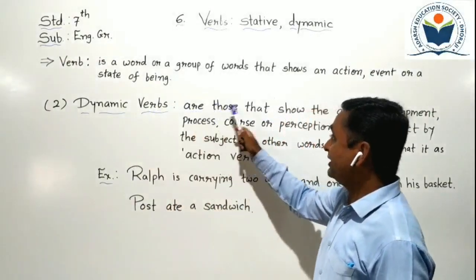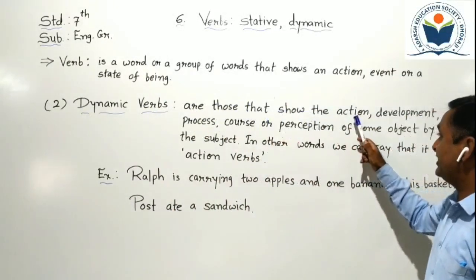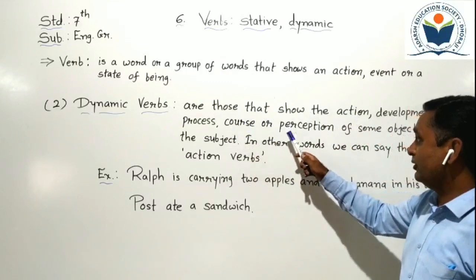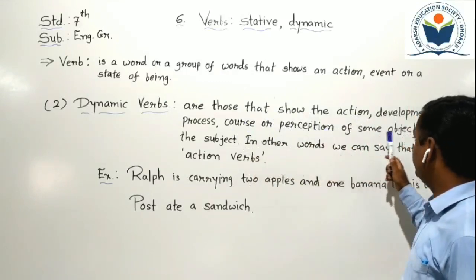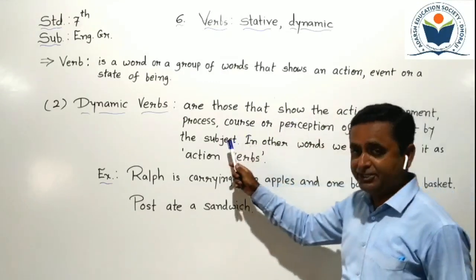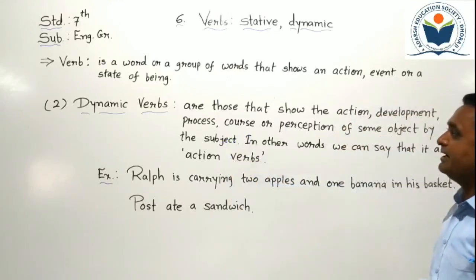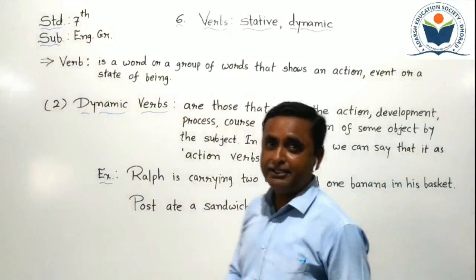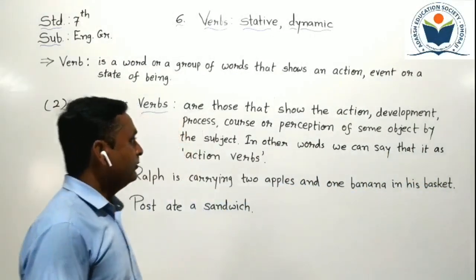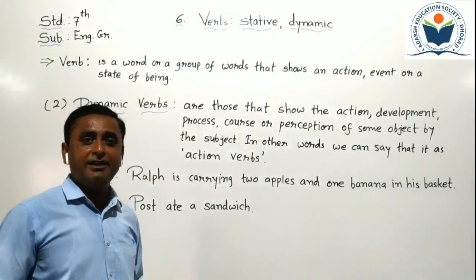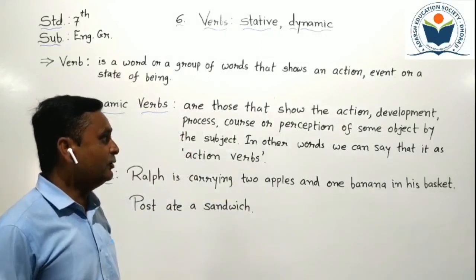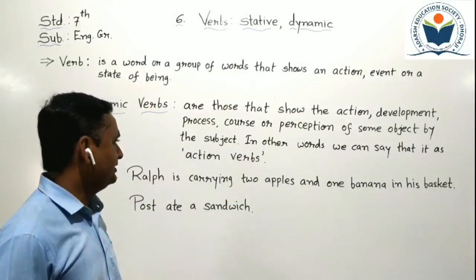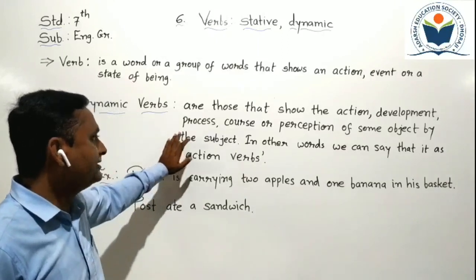Dynamic verbs are those that show the action, development, process, course or perception of some object by the subject. So dynamic verbs show the action of the subject, or a development or process.